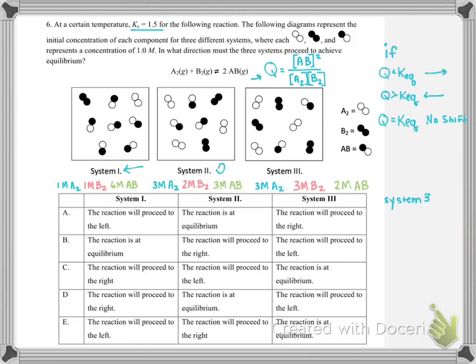Okay, last one, we'll do the same thing for system 3. We'll have our AB concentration, which is 2.